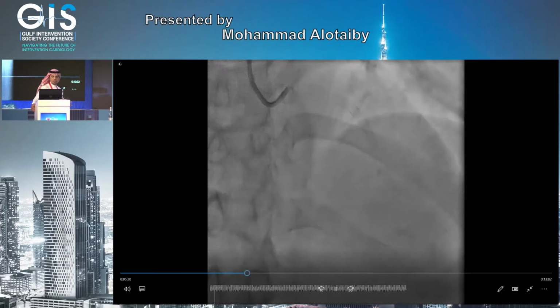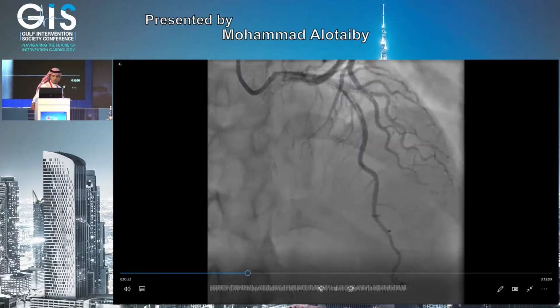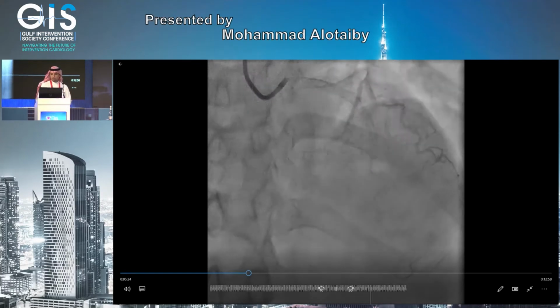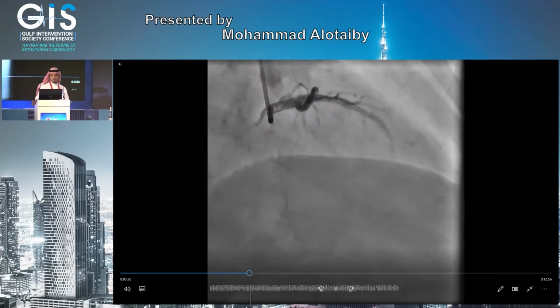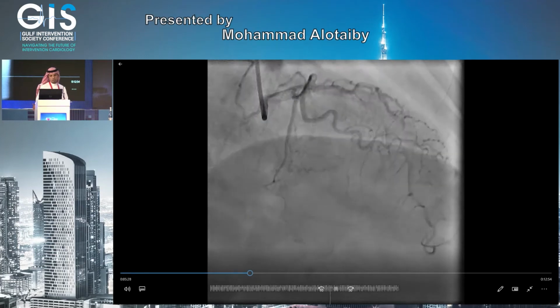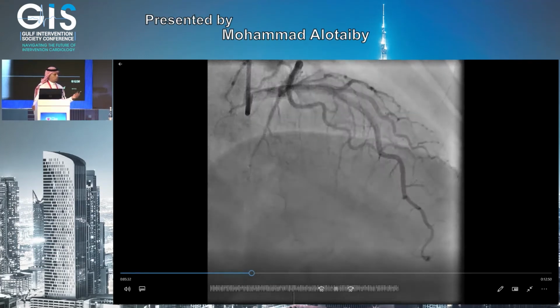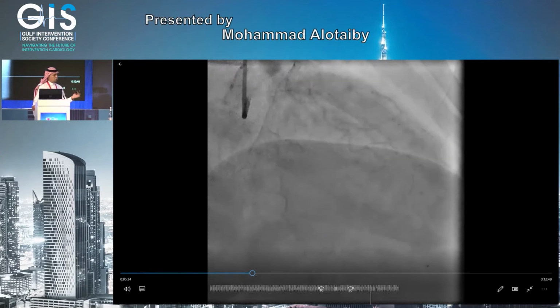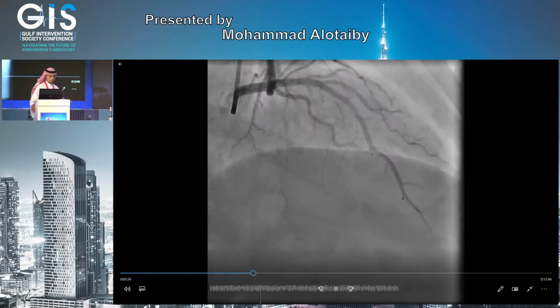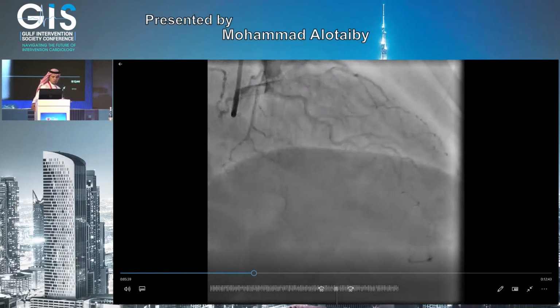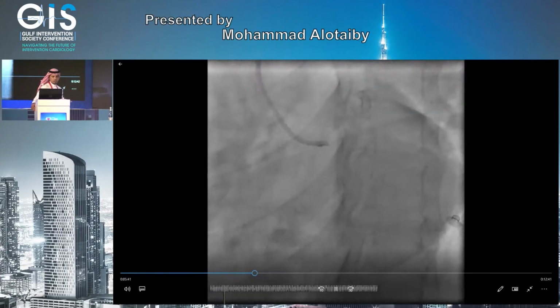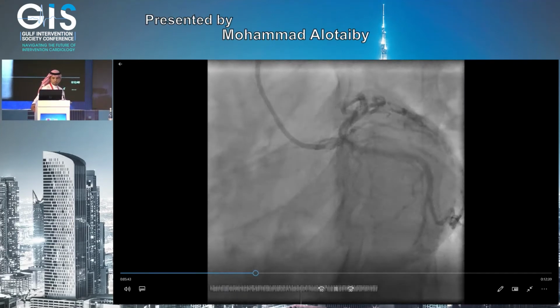So the stent is patent. You will see multiple views showing the patent stent. So her presentation now is similar to the previous presentation, and they checked that the stent was patent. So they decided to do OCT, to make sure that they are not missing anything.